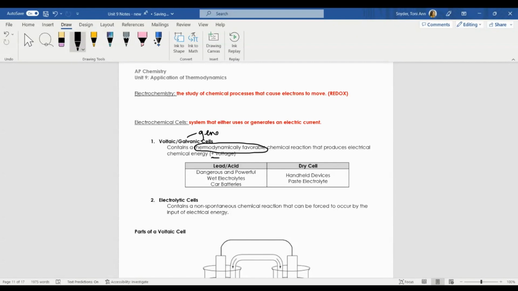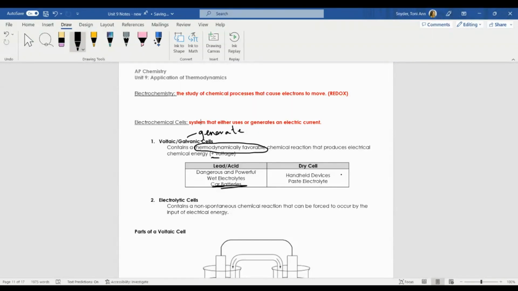These will generate electricity. And we're very familiar with voltaic and galvanic cells because we use them every day in our lives, okay? One example of these is a lead acid battery, and these are what we find in car batteries.